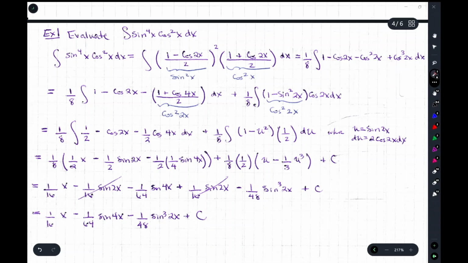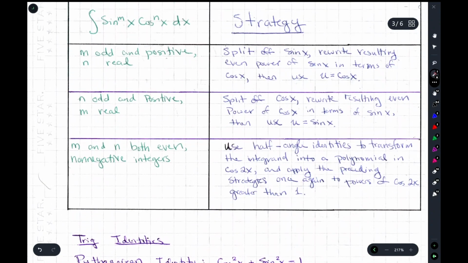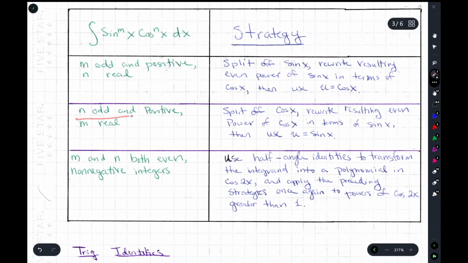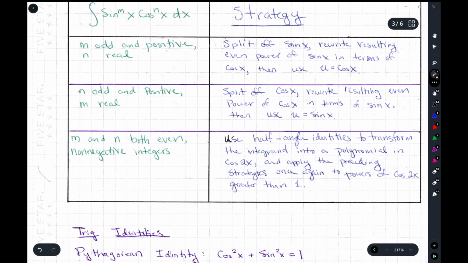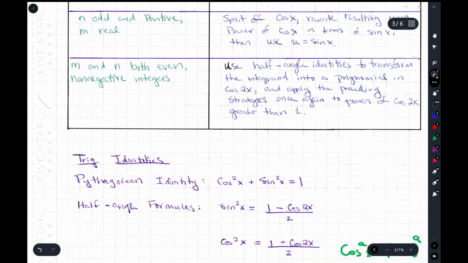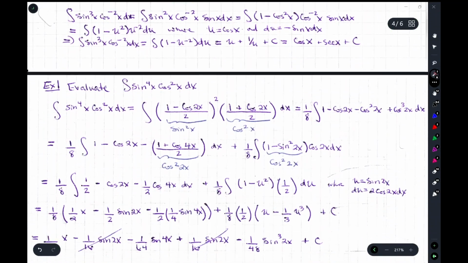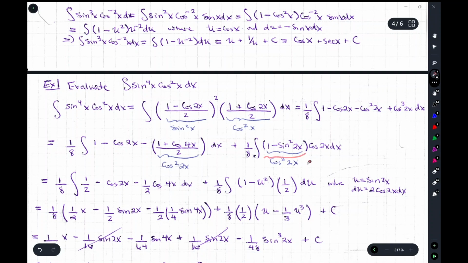Well, that's a term where we're actually in the domain of n odd and positive m real. So we're going to split off a cosine and rewrite the resulting terms in terms of cosine. So let's do that. So that's the cosine squared. We split off a cosine, and we get an even power of cosine.